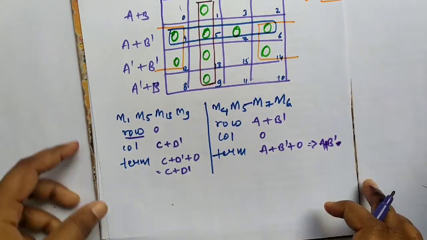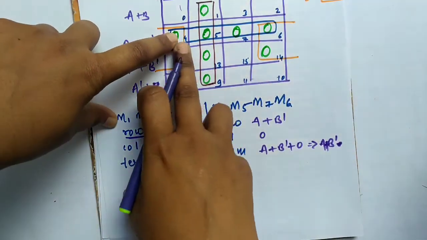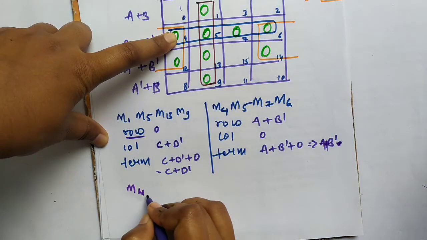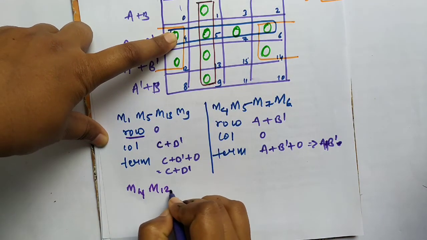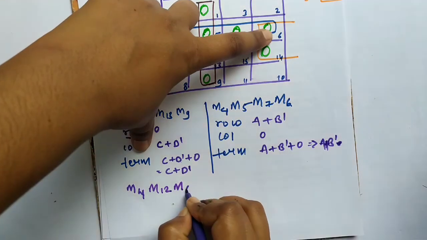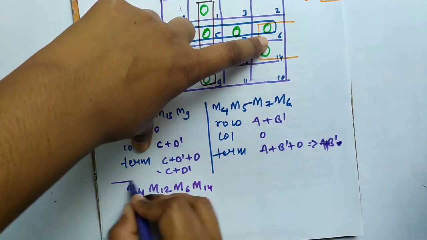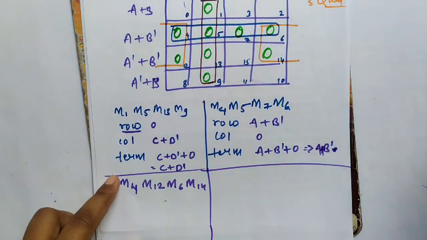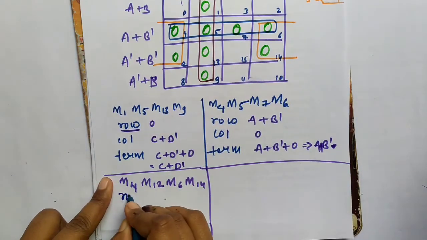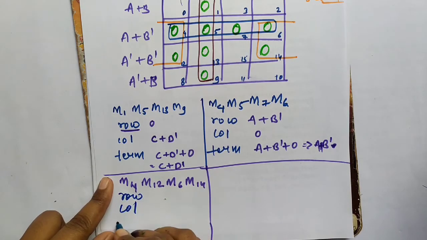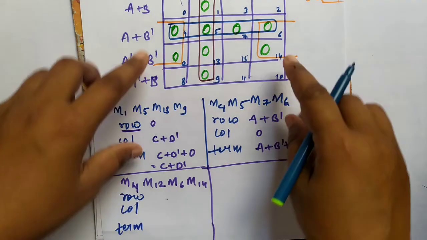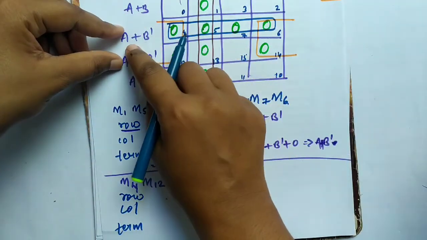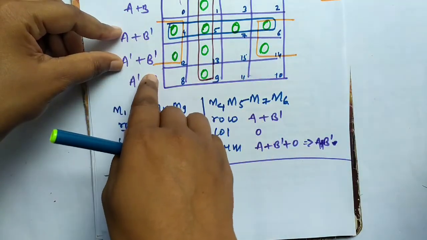Next quad is this, 4, 12, 6, 14: M4, M12, M6, M14. So row, column, term. In both rows there is a common value, that is B dash.